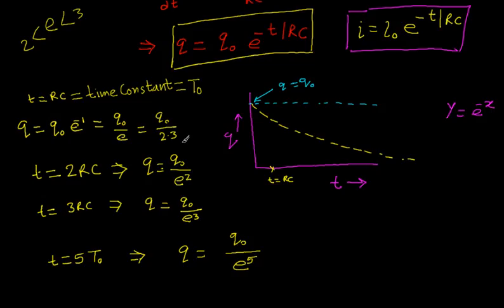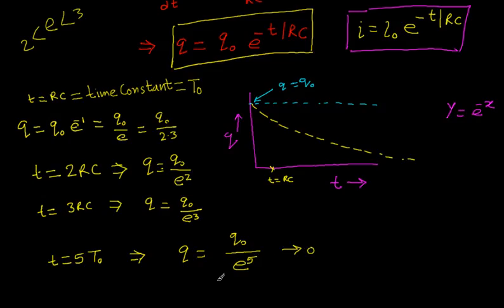In the first time constant it was q naught by 2.3, and then q naught by e power 5. It means you get a very small value now, and this value will tend to 0.